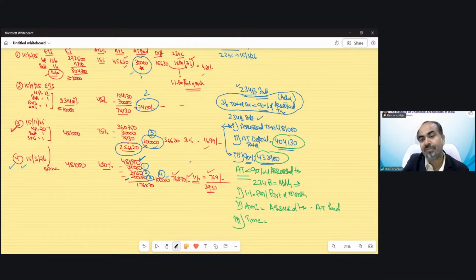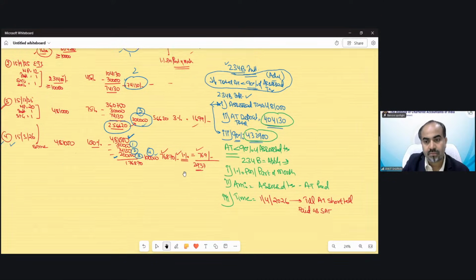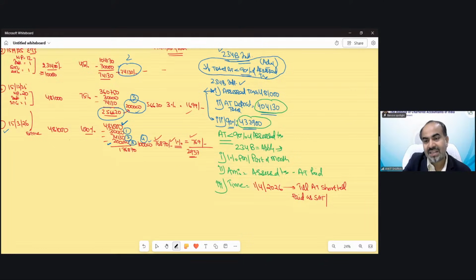It says interest will always be calculated from the fixed date 1st April 2026 till the date the advance tax shortfall is paid, or assessment under section 143(1) as the case may be. So this date would be given in the question, the date of payment of shortfall or 143(1).